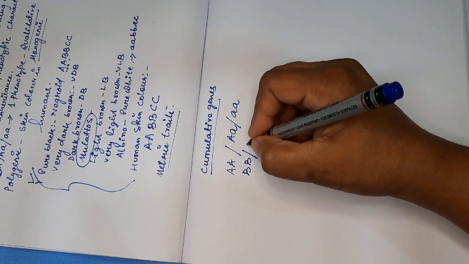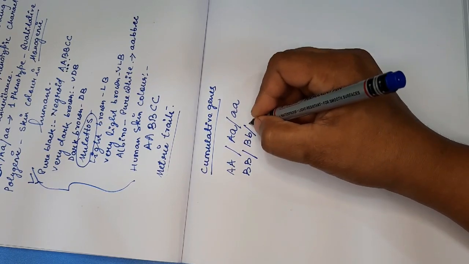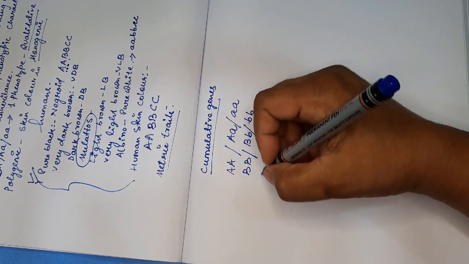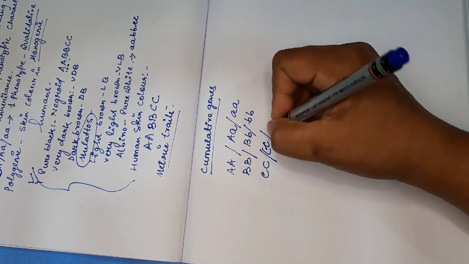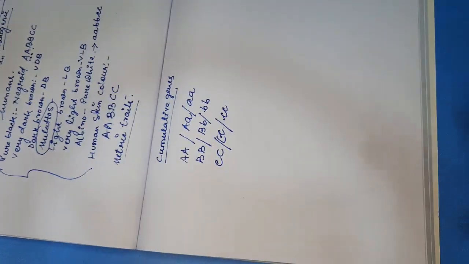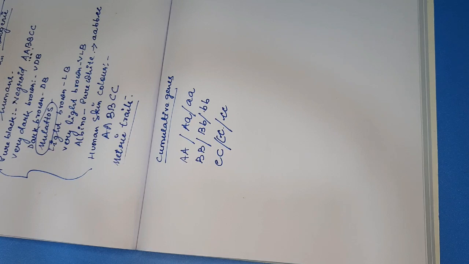Capital B, capital B, small b and small b are on another chromosome. Capital C, capital C, small c and small c also belong to another chromosome, and they are inherited independently. The genes for dark color will be capital A, B, C, and they are incompletely dominant, and the darkness of the skin color is proportionate to the sum total of the dominant genes present.